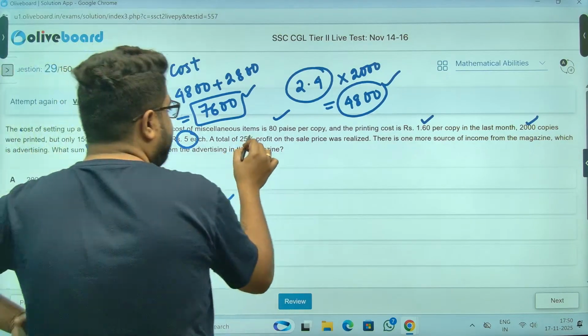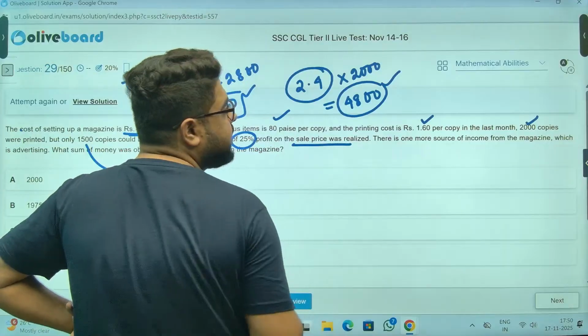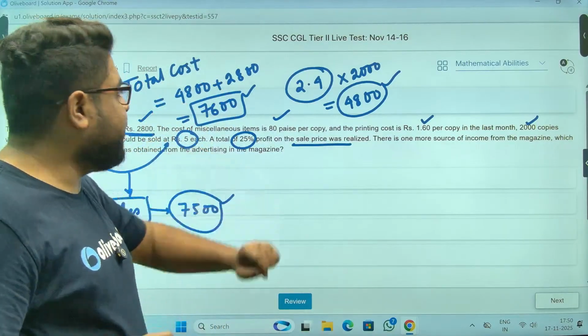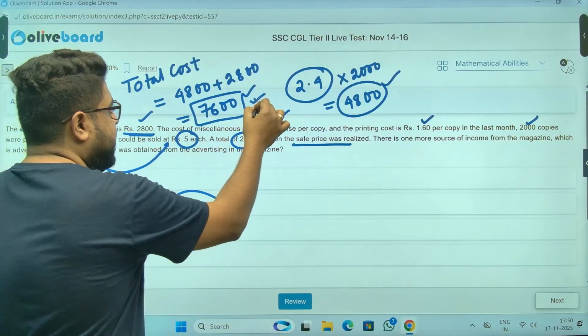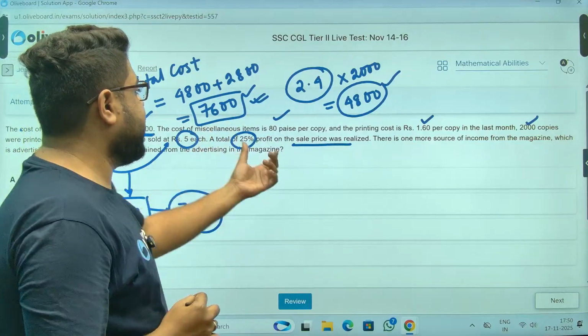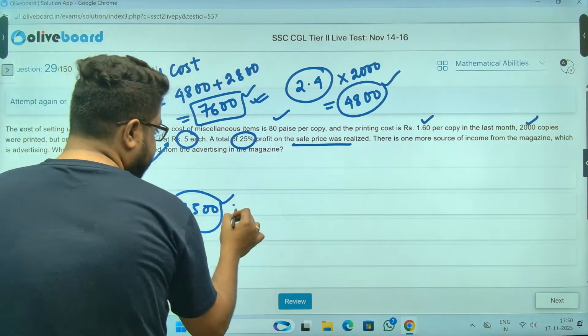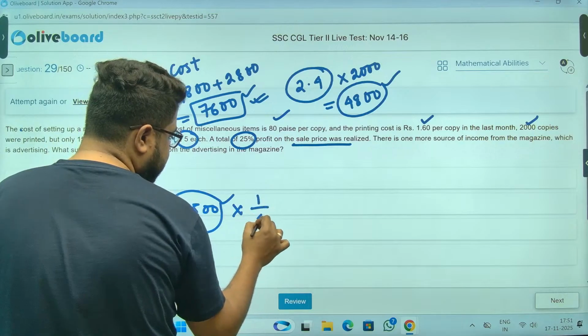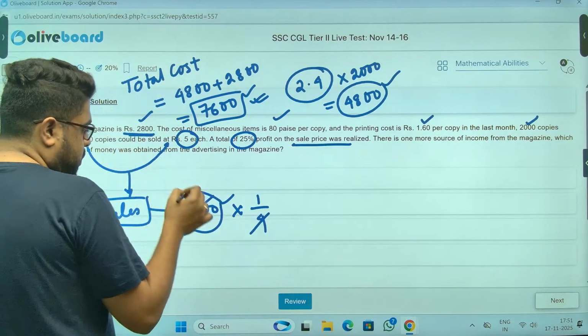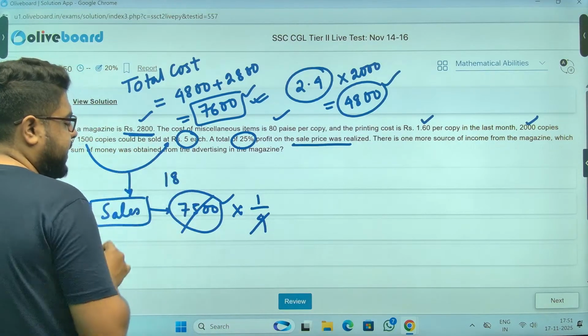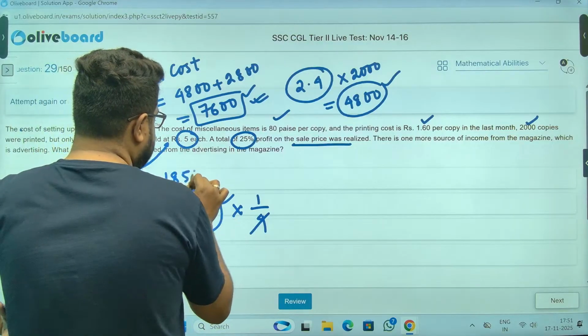A total of 25% profit was realized. Achha, 25% profit on what? On definitely this. Achha, on the sale price. Sale price 25%, meaning sir, profit was 25% means 1/4. So 4 18s are 72, 5s are this.